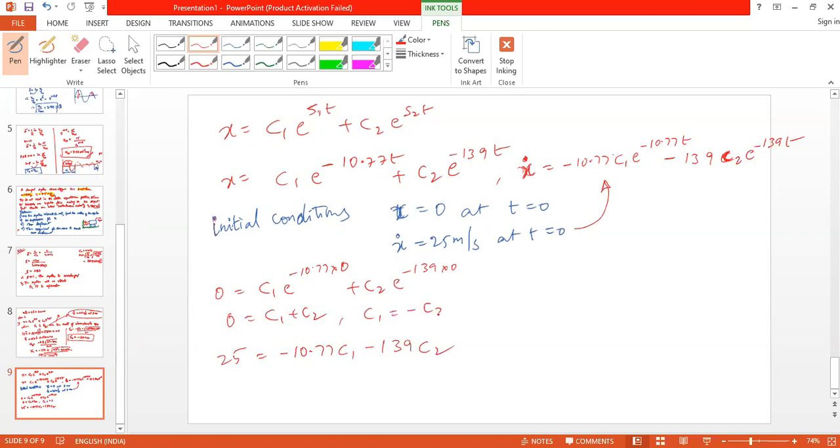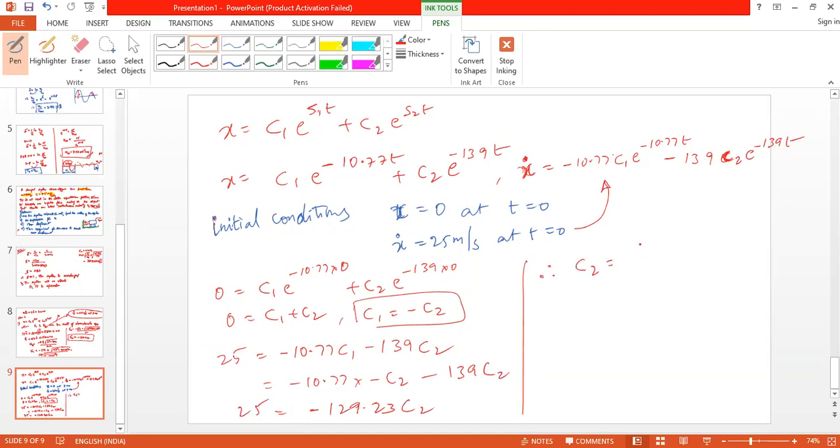But I know that C1 is equal to minus C2. So this is 10.77 into minus C2 minus 139 C2. The answer is 139 minus 10.77, so it is minus 128.23 C2.